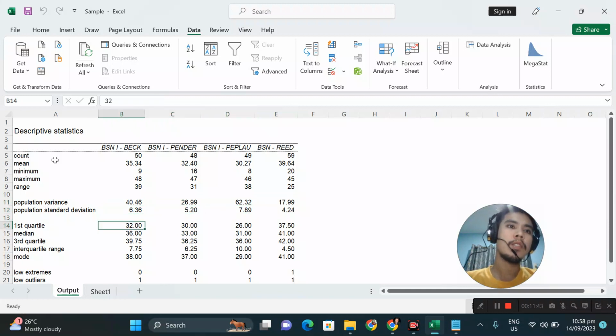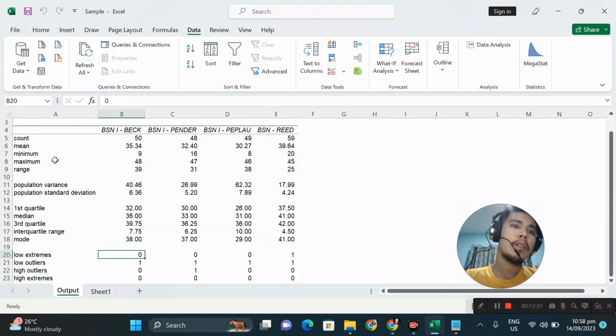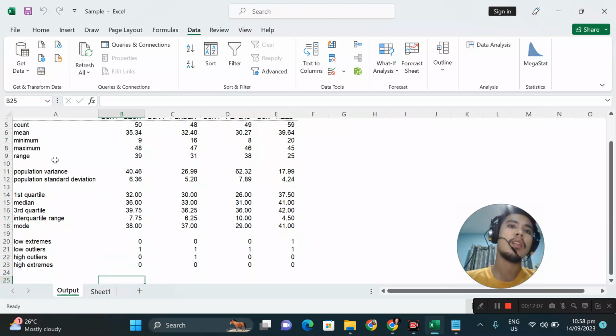We also have the first quartile, the median, which is part of the central tendency as well, the third quartile, the interquartile range, and the mode, which is also part of the central tendency, and the low and high extremes, as well as the low and high outliers.